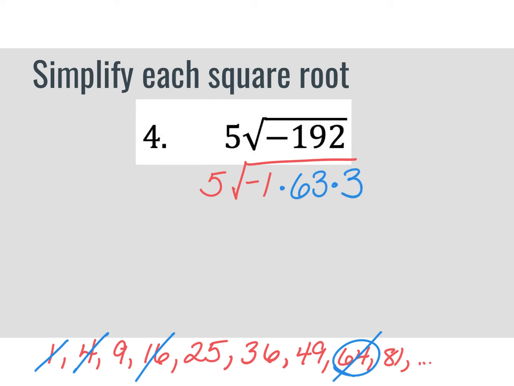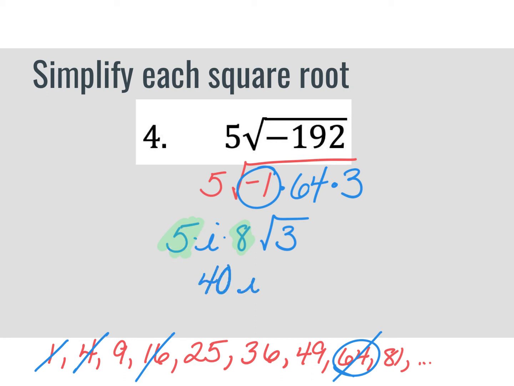All right. And I wrote 63. I meant to write 64. Okay, so this becomes i, square root of negative 1, times square root of 64 would be 8 times root 3. So to finally simplify this, I'm going to multiply my coefficients back together to get 40i times the square root of 3.